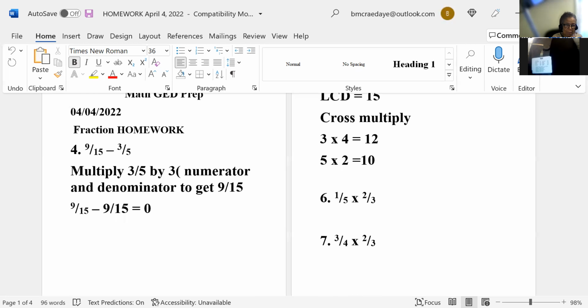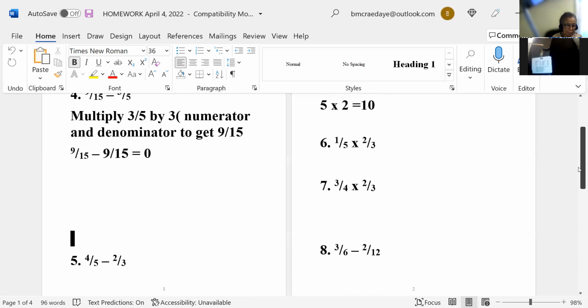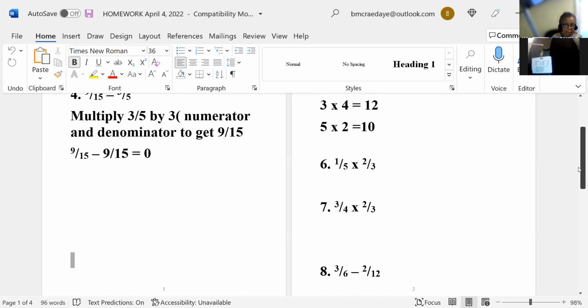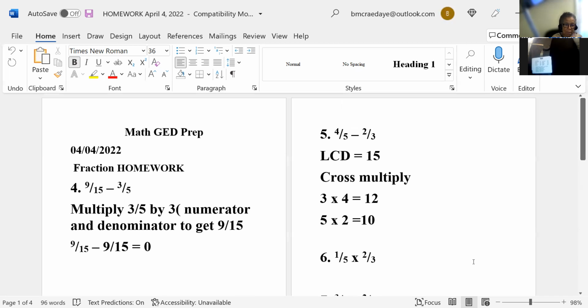Okay, so let's bring this up so you can see the entire thing. Okay, so now you'd have 12. 5 times 2 is 10. 3 times 4 is 12. So what would I write here? You have 12 over 15 and 10 over 15. That's right.